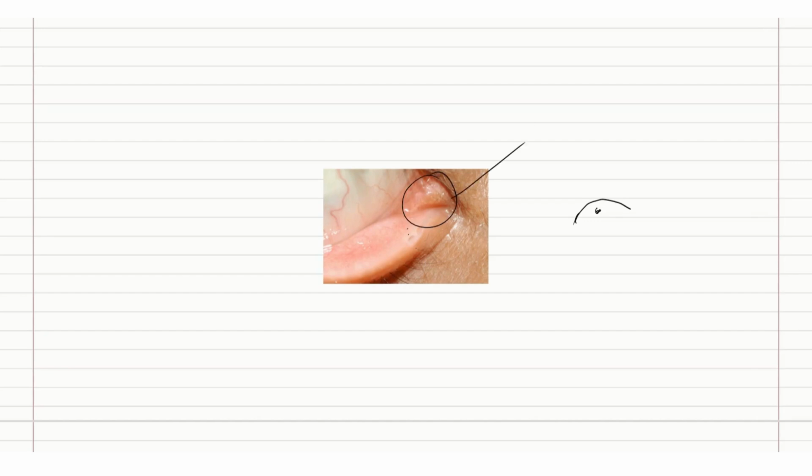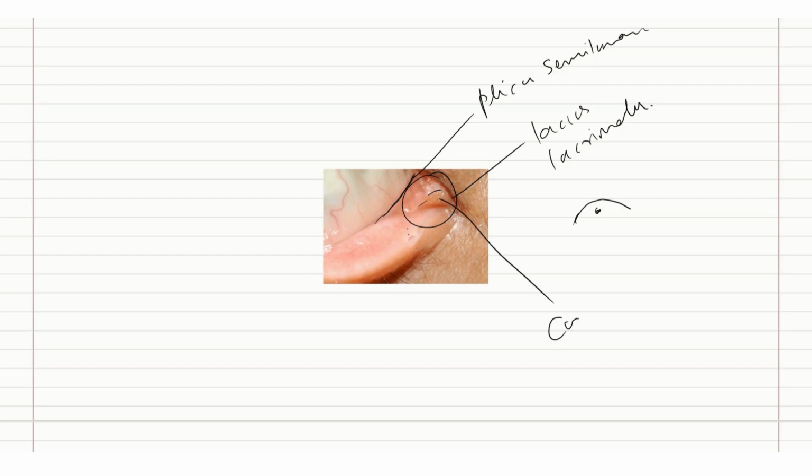This is lacus lacrimalis, which makes the medial canthus. This line is called plica semilunaris, and you can see that there is a small ridge over here. This is called caruncle lacrimalis.